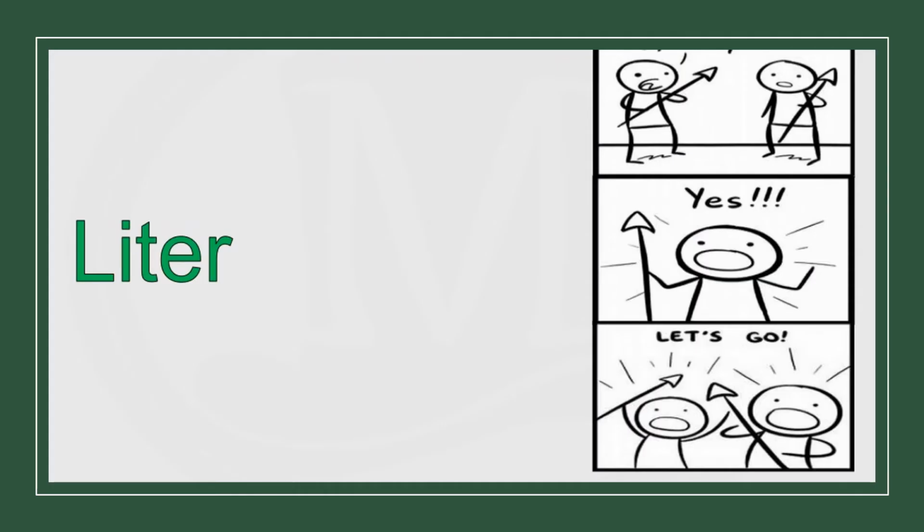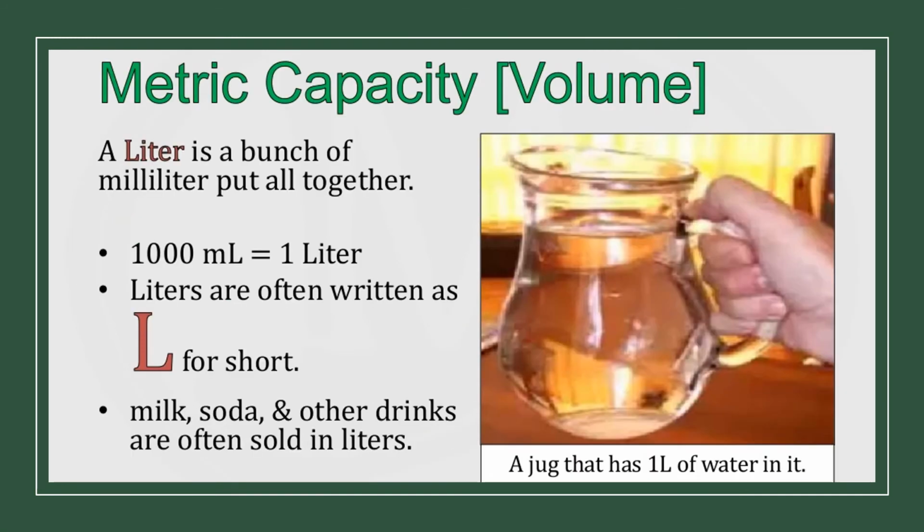Now we are going to look at liters. We've looked at milliliters, and so now we have to look at liters. A liter is a bunch of milliliters put all together.